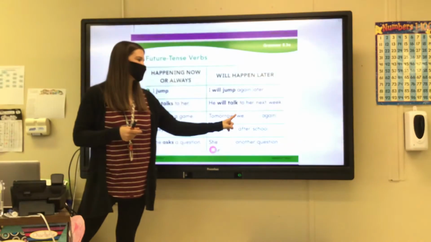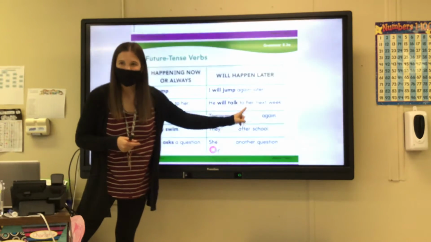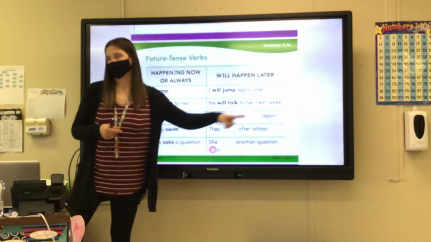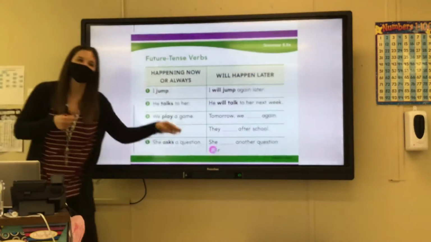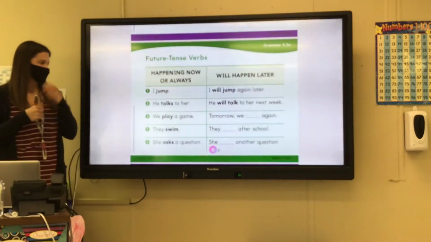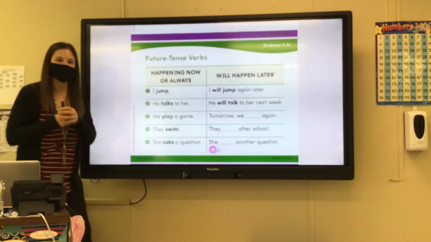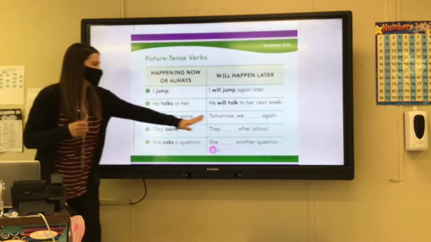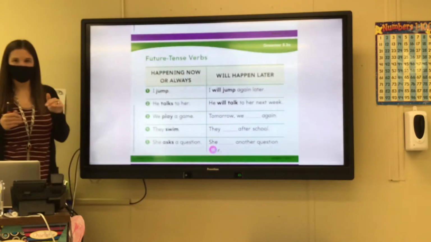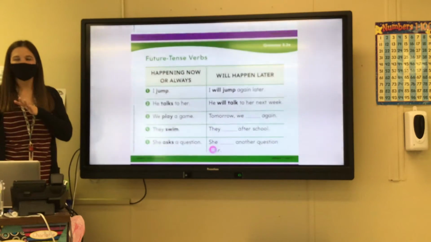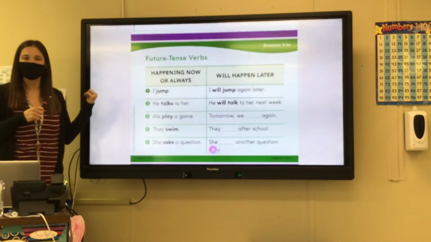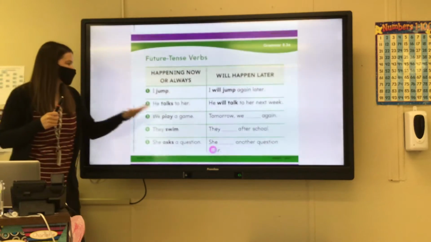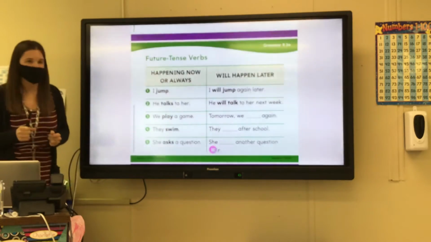Tomorrow we will play again. We're going to use that word will. We will play again. In the other class, we already know how to spell it, right? That's his name. But we're making the word will into the future verb. So it's not the noun that will is in the other class. We're putting it with the verb here to make it future tense.